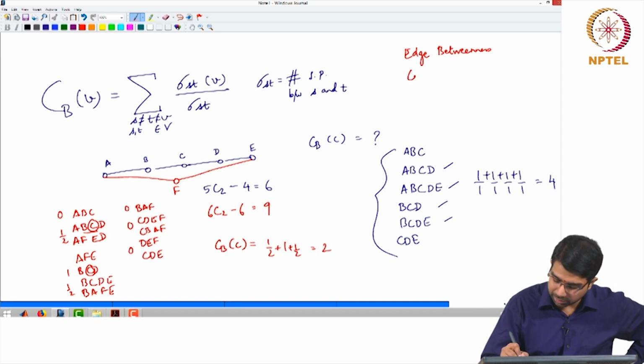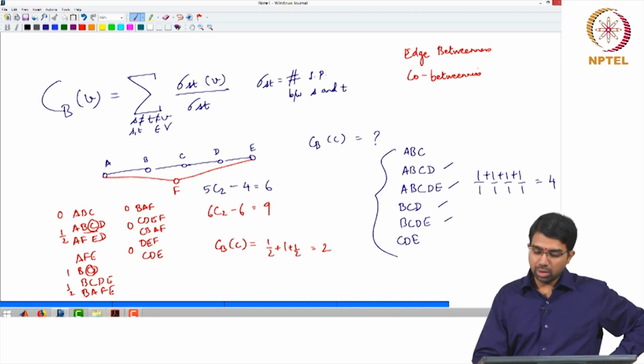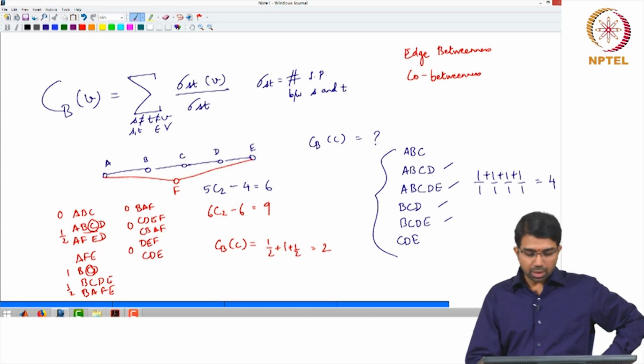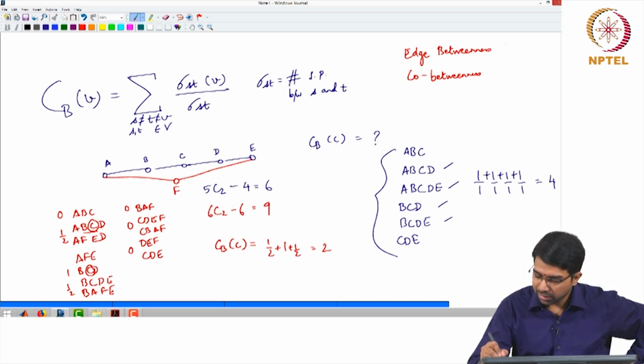You also have a very similar concept called co-betweenness. Co-betweenness is very similar to edge betweenness. Here, if you say edge betweenness, it means that AB should have an edge between them.